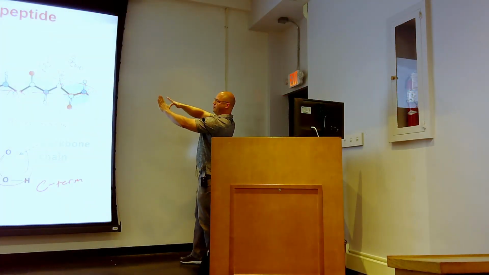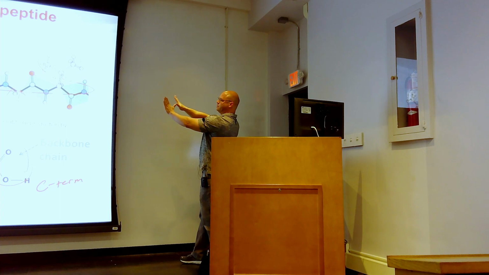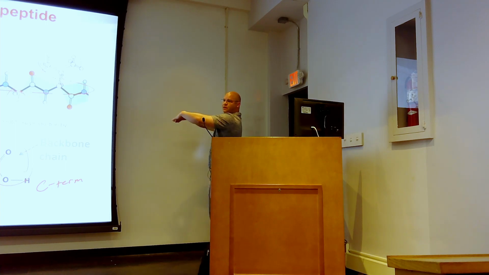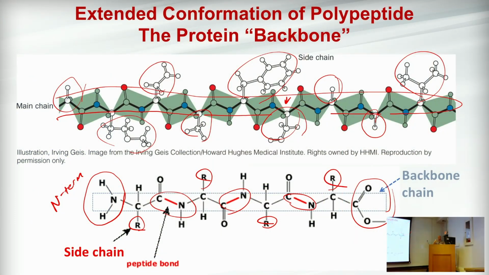Think of the two planar green pieces, right? I can rotate like this, but ultimately, whichever way I went, they're going to run into each other when they get over here, right? So if you look at where this little rotation point might be, you can't go all the way around because of steric interference, right? So this planarity sets up rigidity, and you can't even rotate all the way around.